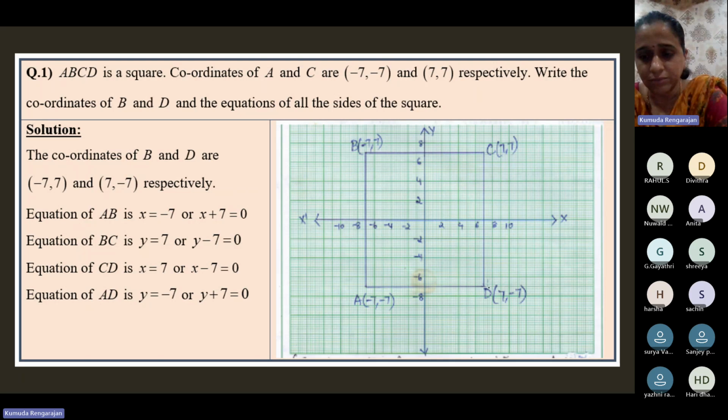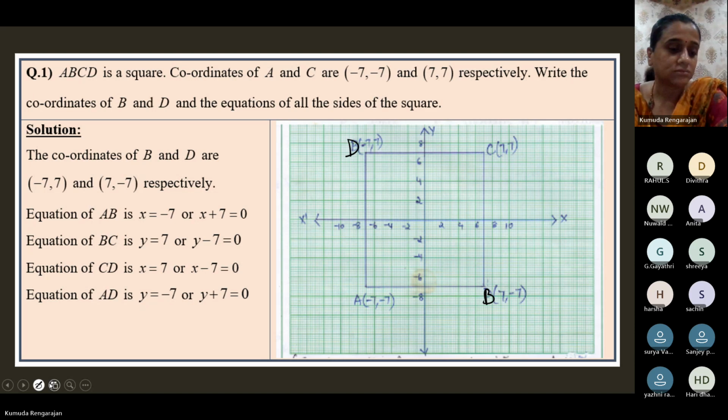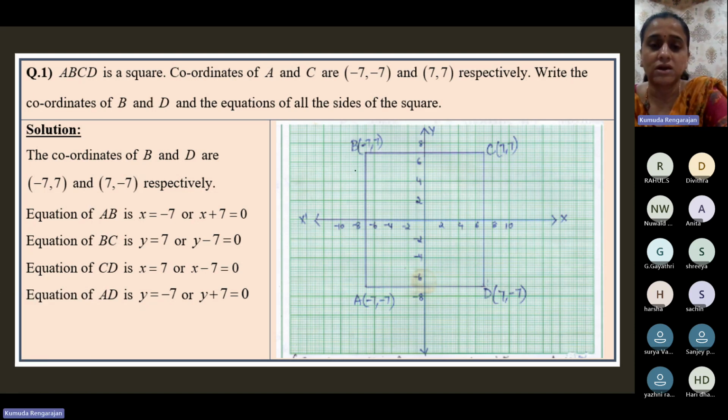So you can also take B here and D here. See, I've marked B here and D here. You can also mark B here and D here. A, B, C, D, or A, B, C, D, like this. Okay. So that's about the coordinates of B and D.